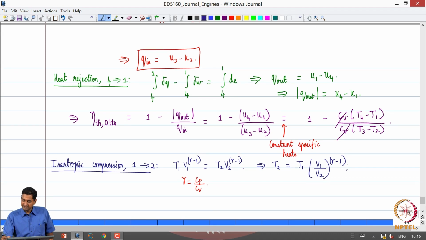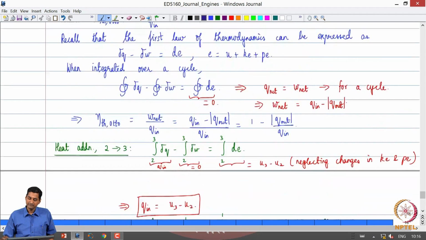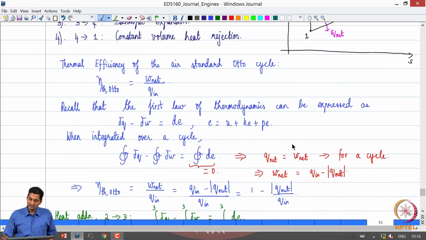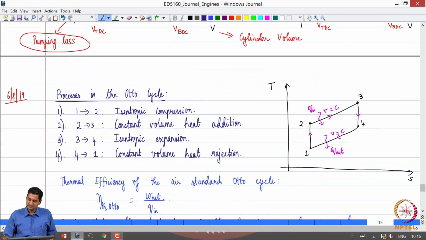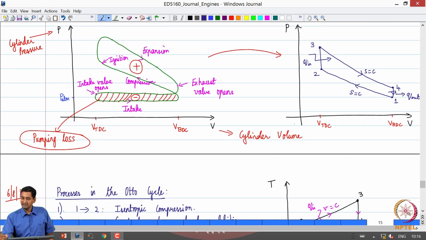Now, T2 is T1 times (V1 by V2) to the power gamma minus 1. But what is V1 by V2? If we go up, V1 is the volume at bottom dead center, V2 is the volume at top dead center.